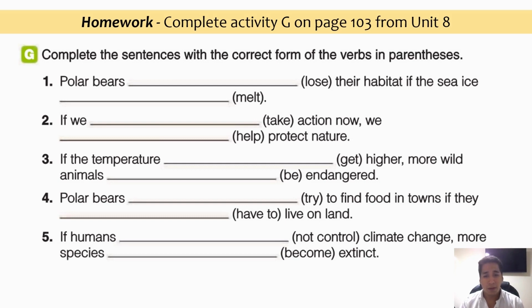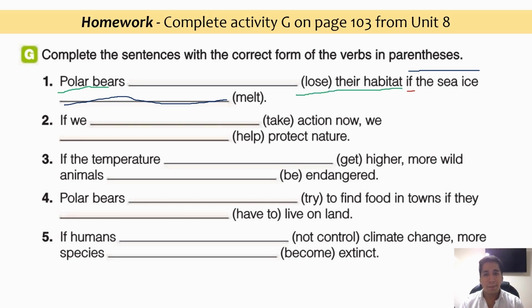So if you get to see well here, guys, we have the if word. So if we have there the if word, what is coming after the if word is going to be what? The condition, no? In other words, we have here the if clause. If we have there the if clause, what will the clause over here be? That one over here, take a look. Polar bears, their habitat.